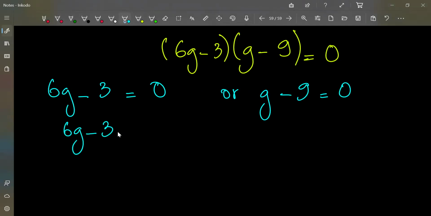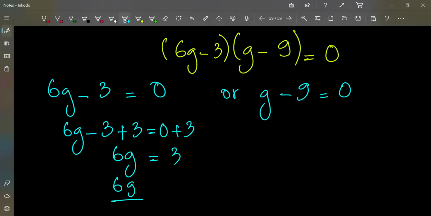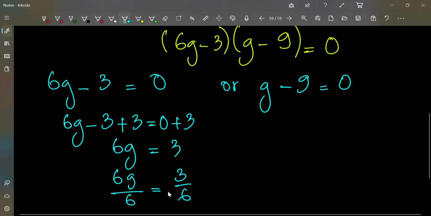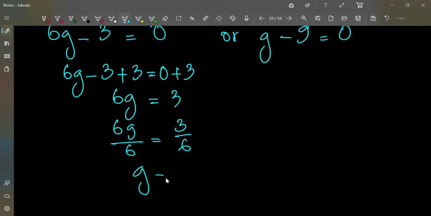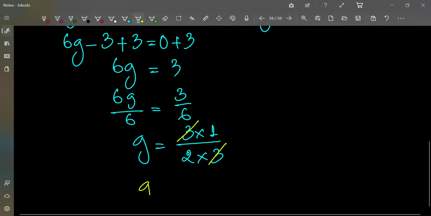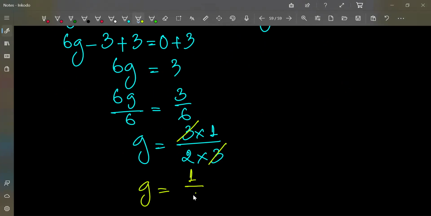So now let's add 3 to both sides. Okay. So now we get 6g equals 3. 6g divided by 6 is equal to 3 divided by 6. So we get g is equal to 3 multiplied by 1 over 2 multiplied by 3. So now let's simplify 3 and 3. So we get g is equal to 1 over 2.